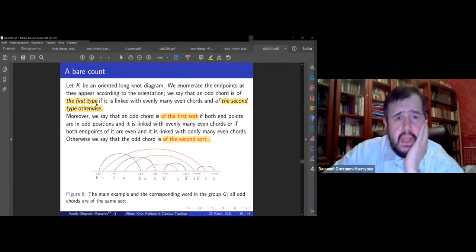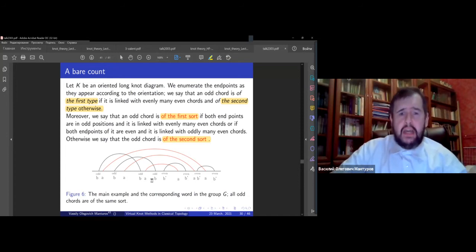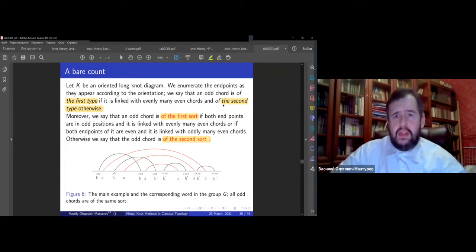I want to distinguish between odd chords and even chords, and here in my diagram of a long free knot, all even chords are red. Now I want to look at black chords, which are all odd, and they can be of the first type if they intersect evenly many even chords. Otherwise, they are of the second type.